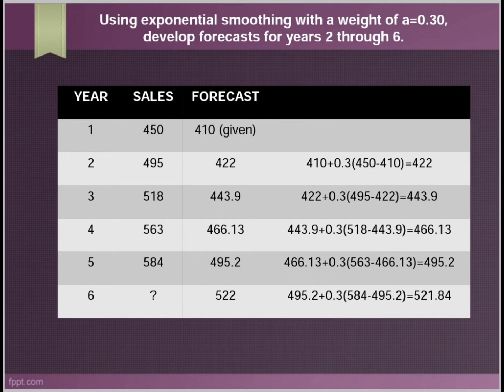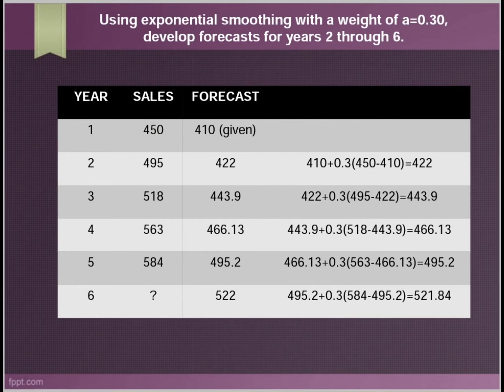So 422, which is the forecast that we computed, and then add the 0.3 alpha multiplied by the difference between the sales last period, which is 495, less the 422, the sales forecast for the second year or the last year. So we will get 443.9.